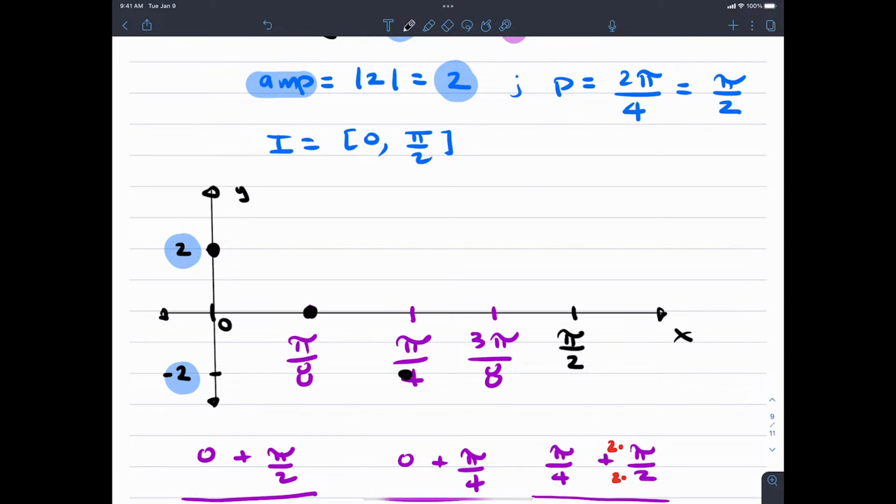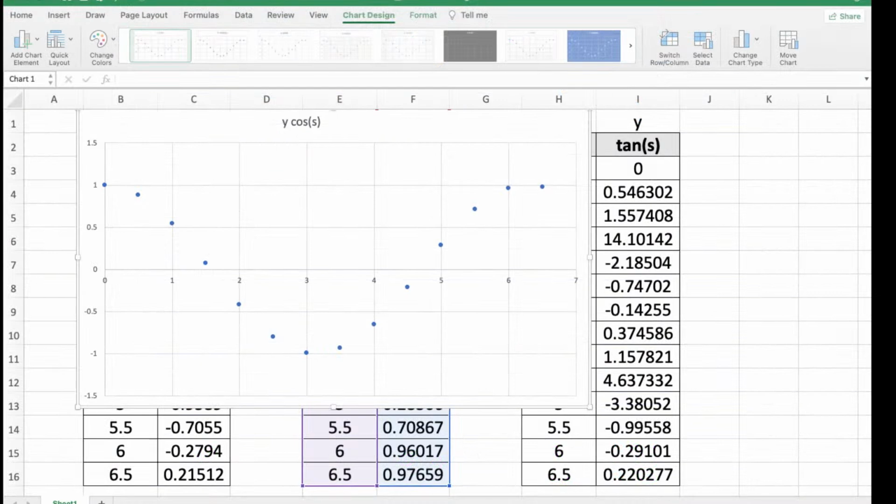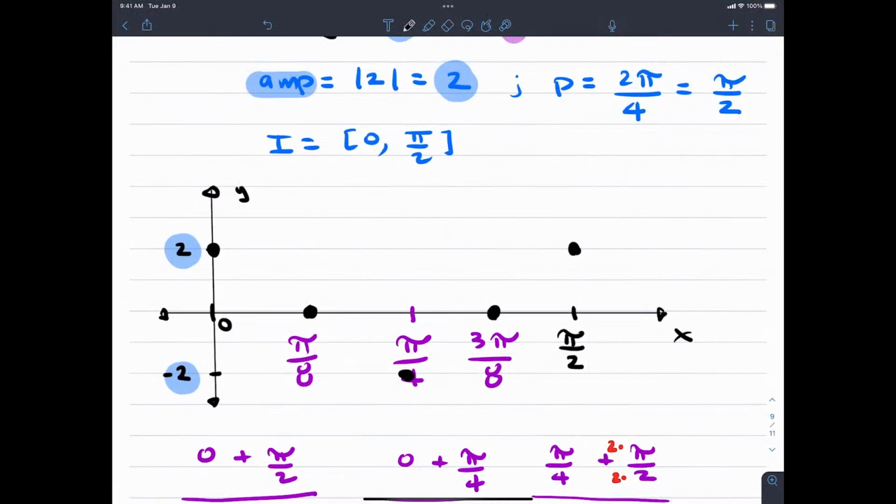And then you get to the lowest point. You go back to the x-axis. And then you go to the highest point. And I'm going to move that here. Okay? Because this is how the what curve behaves? The cosine curve. So you're going to have to know the difference between sine and cosine.